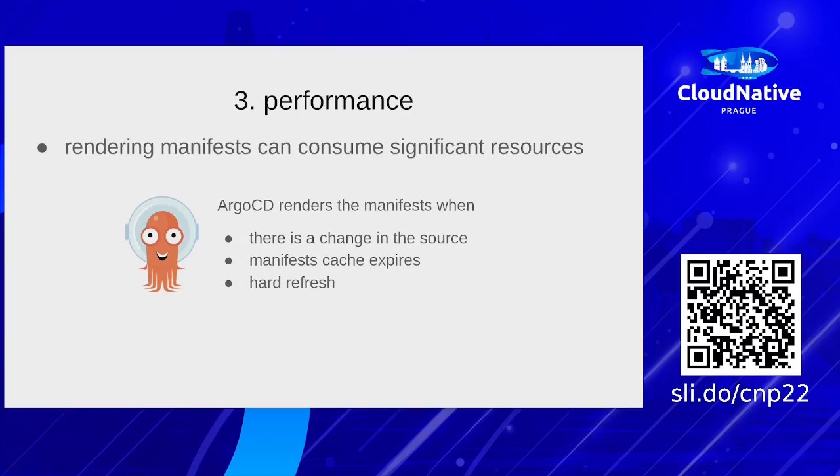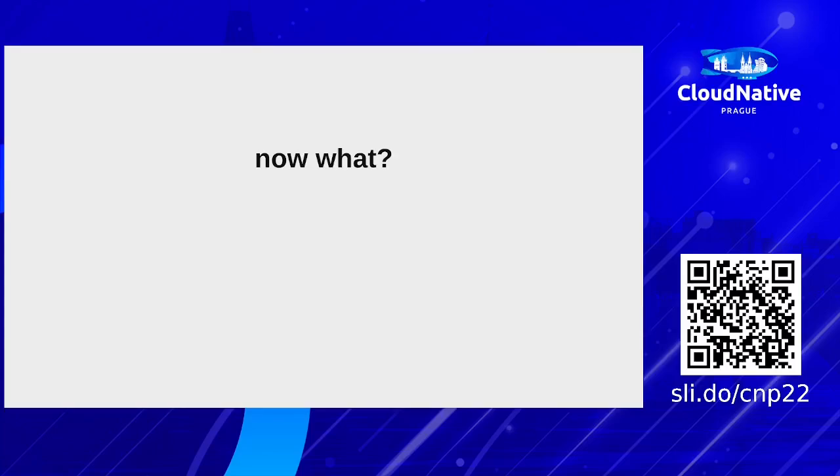I don't have first-hand experience with this, but in the original presentation, Nicolas from Acuity mentioned that some of their customers had a node with 200 gigs of RAM just for the repo server. So it can be quite expensive. So what can we do with all this?